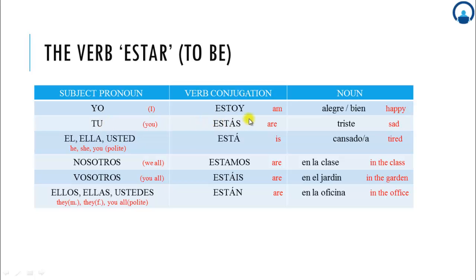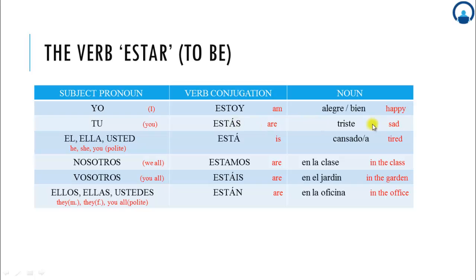So let's try and get some sentences. The first one, yo estoy alegre or bien. Alegre or bien means happy. Yo estoy alegre. That means I am happy. Tú estás triste. Triste means sad.